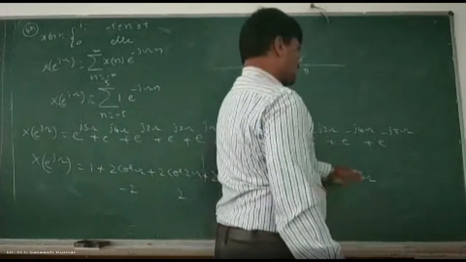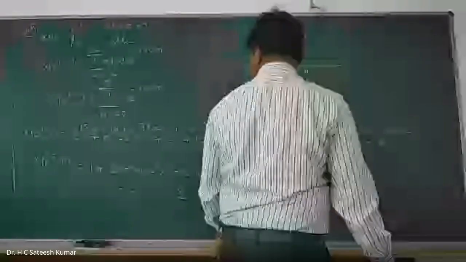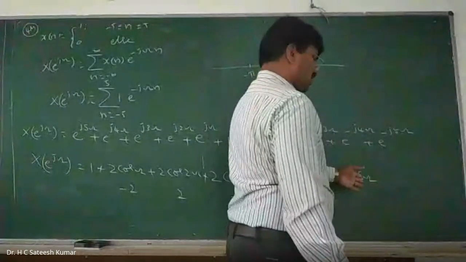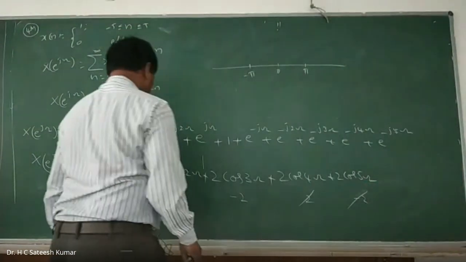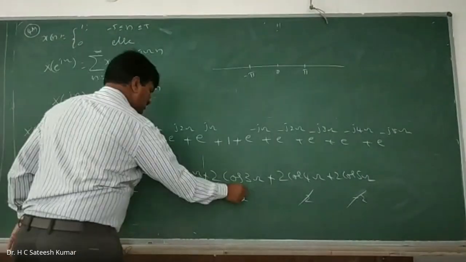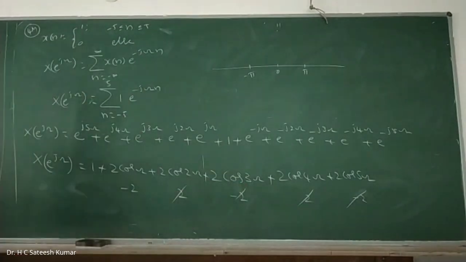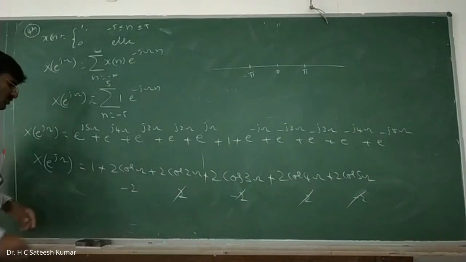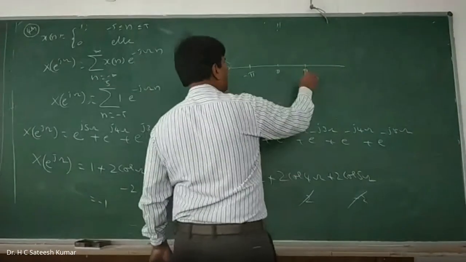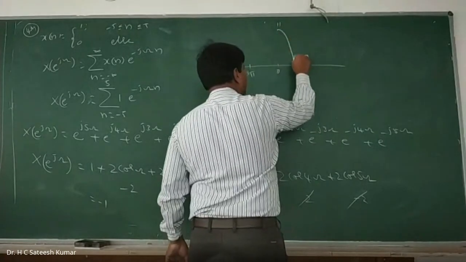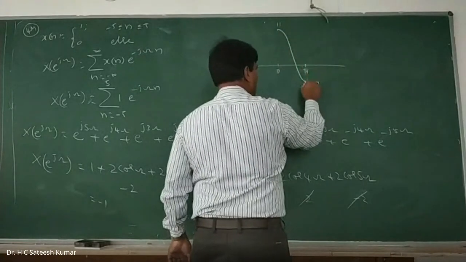And cos 5 pi is cos pi, so minus 2. Minus 2 plus 2 gets cancelled, and the 1 minus 2 gives minus 1. So at pi, this value is minus 1.